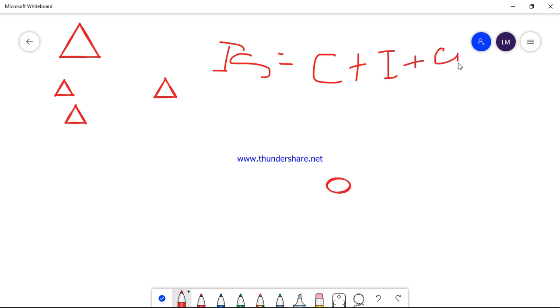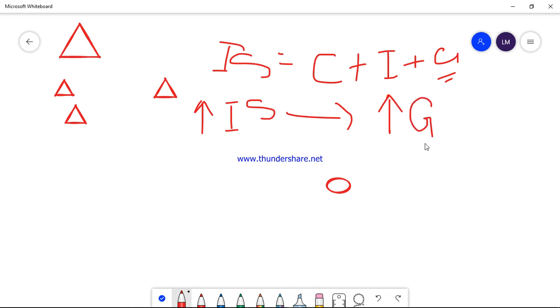Now that there's a change in this component, we must expect this whole thing to increase. We must then expect the IS curve to increase if there is a positive increase in government expenditure. Are we there, guys? So this is what is happening here.